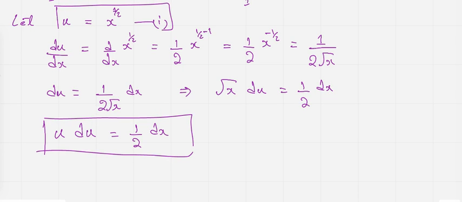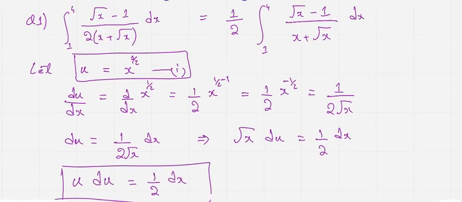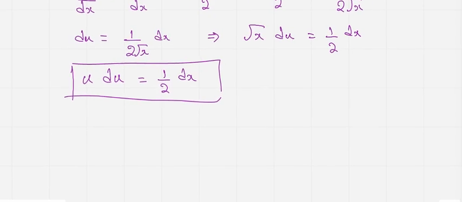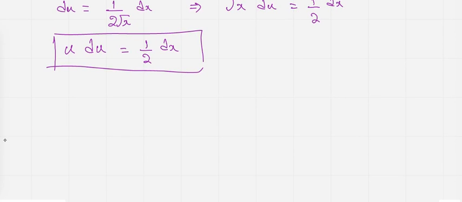And now we are going to transform, and we are going to change our integral limits as well. As we know that the lower integral limit is 1 and the upper is 4, so now according to our substitution, if my x is 1, then what is going to be the value of my u? You see, u is equal to under root x, so under root 1 is giving you 1.